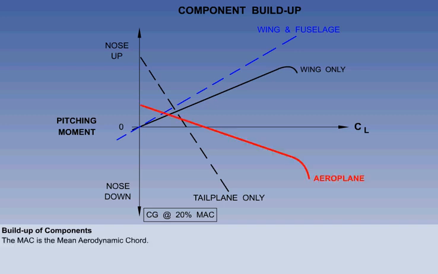And when we consider everything together, the aeroplane has the required degree of longitudinal static stability. Notice the location of the CG in the illustration is listed as 20% MAC. The mean aerodynamic chord is used as a reference point from which the location of the CG is measured as a percentage. The higher the percentage, the further aft the CG.